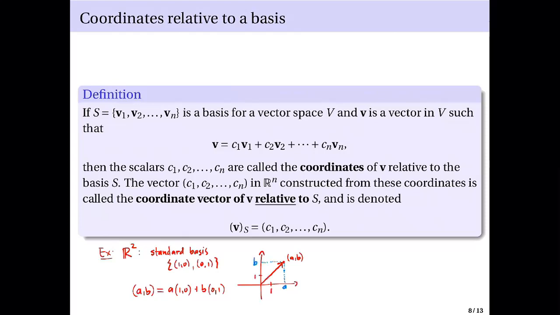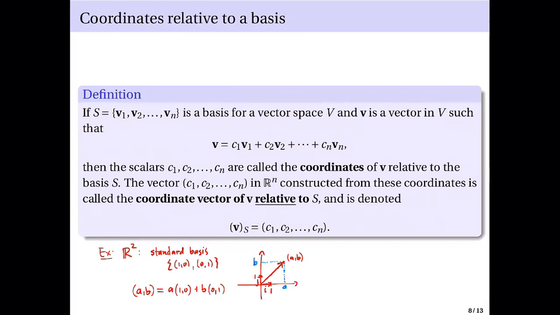So graphically, you have this, and this is your i, j. So this is the vector i, this is the vector j. So ai plus bj. This is in R2. So what about if we consider another basis?